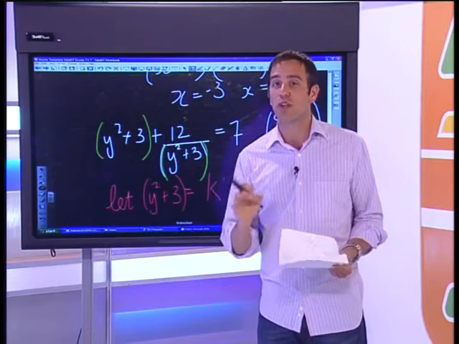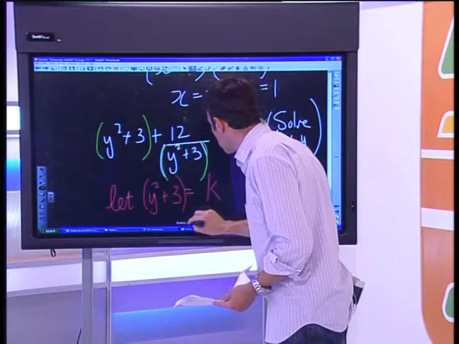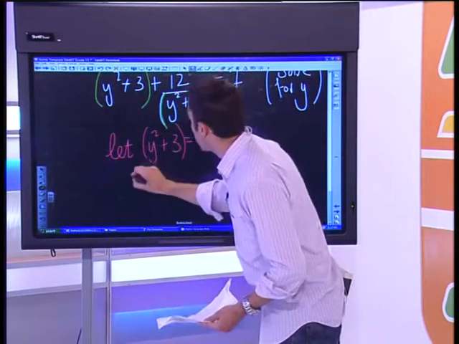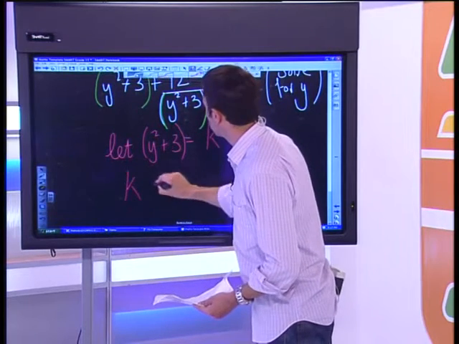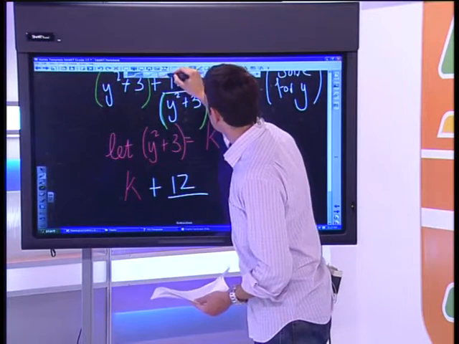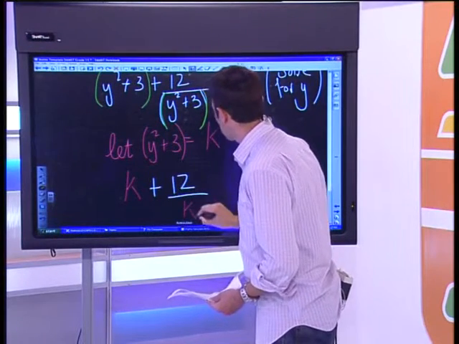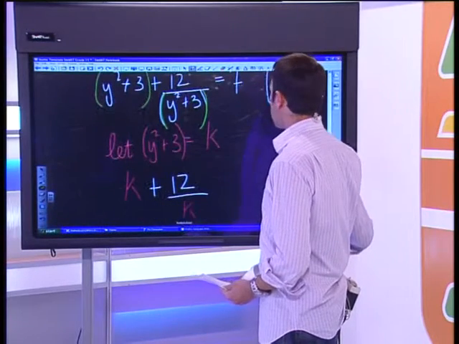And what I end up with in this question is a k over there, and then plus 12 over another k, equals 7.